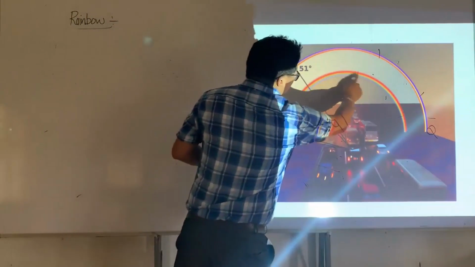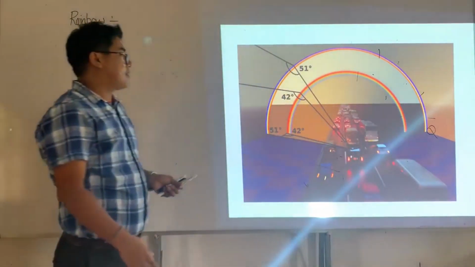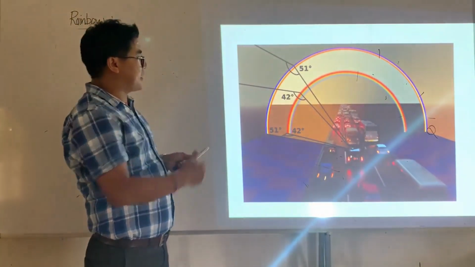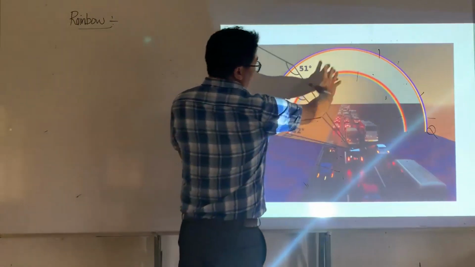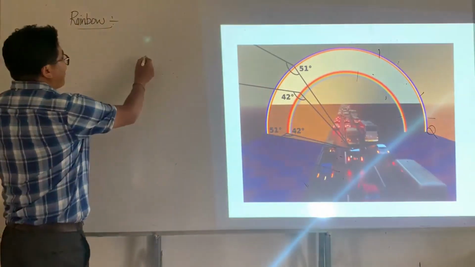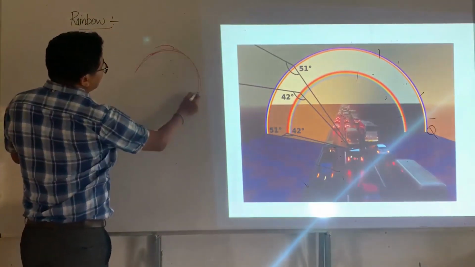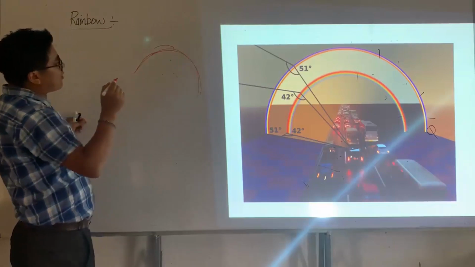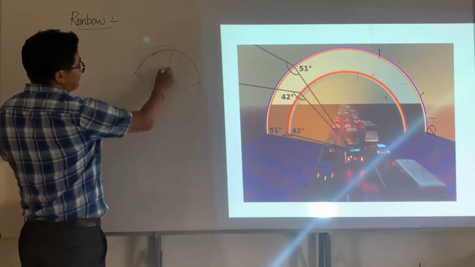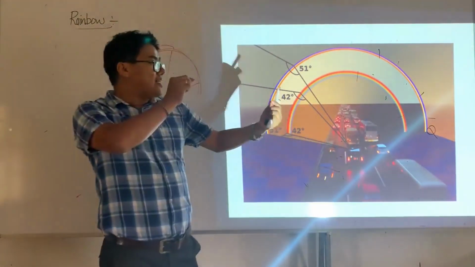Every raindrop satisfies the same condition, an angle from 40 to 42 degrees. So this is something like a cone, and the focus of the cone is the last corner.